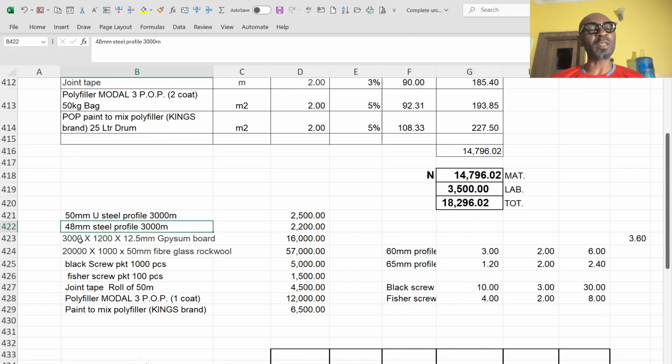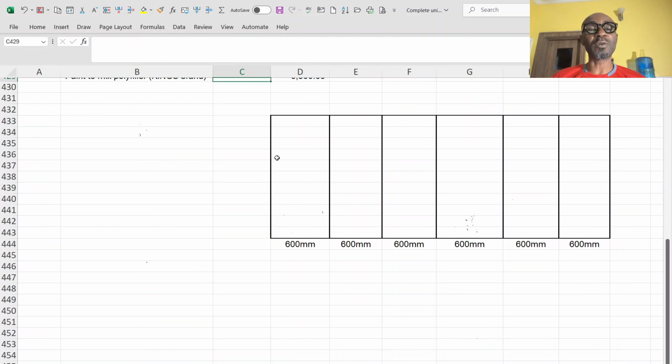Then the 48 steel U profile. These are the vertical profiles that will be running at intervals of 600, depending on what the bill stipulates. If the bill says at 500 centers, say maybe the gypsum board you are buying from the market is 1 meter.